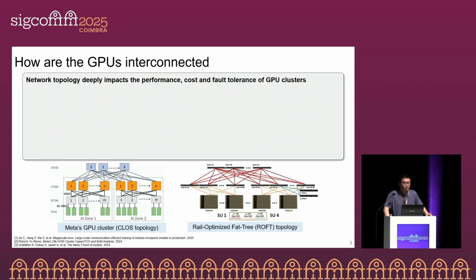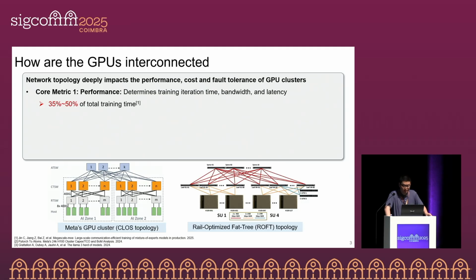These GPUs are typically interconnected through data center networks, and the topology deeply impacts the performance, cost, and fault tolerance of GPU clusters. The first core metric is performance, which determines training iteration time, bandwidth, and latency.